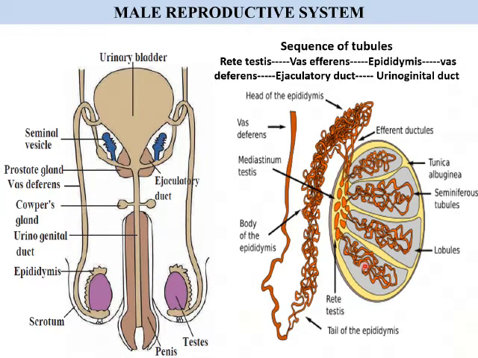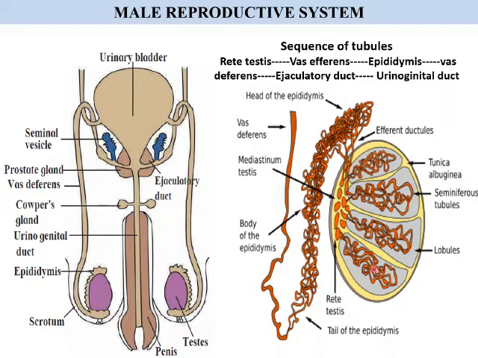The seminiferous tubules have an innermost lining made of germinal epithelial cells. These germinal epithelial cells undergo meiosis to give rise to the male gametes.